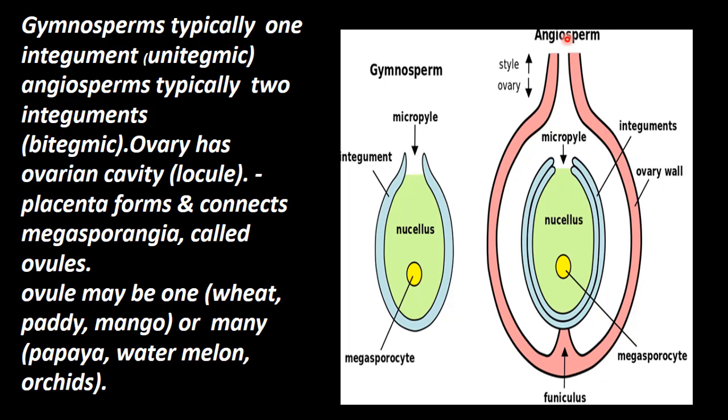Mostly in angiosperms, the ovule has two layers of integuments, one layer and another layer. That is called bitegmic.